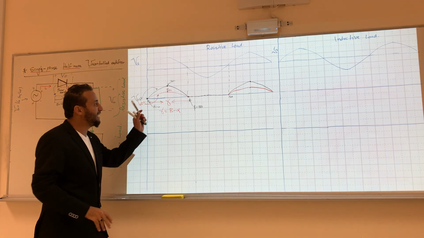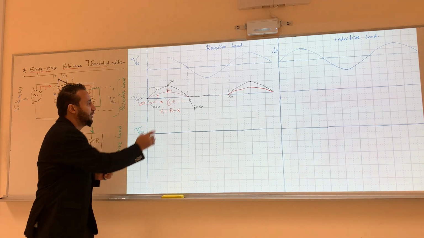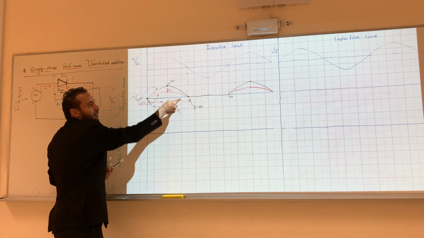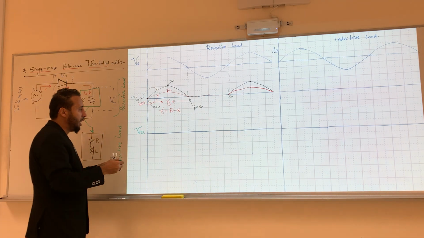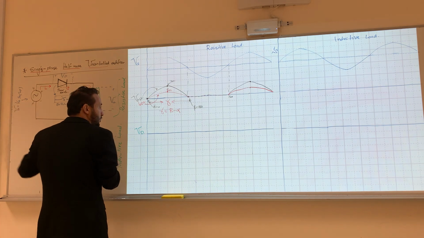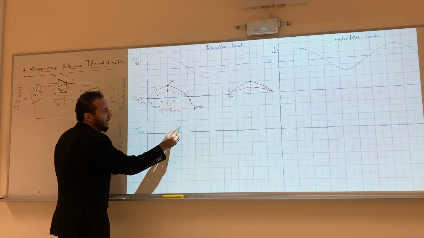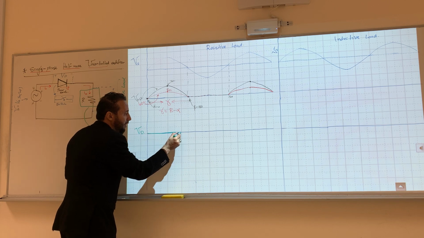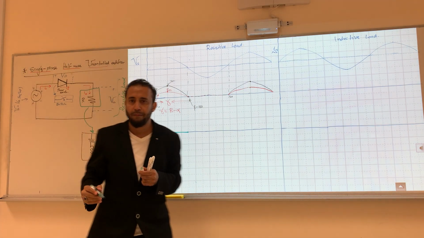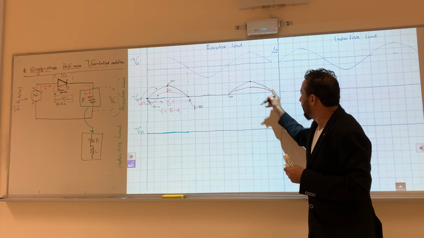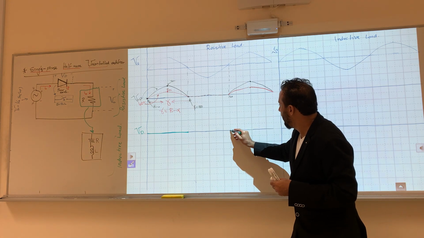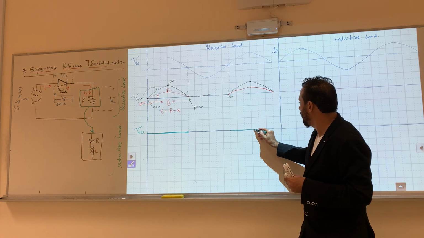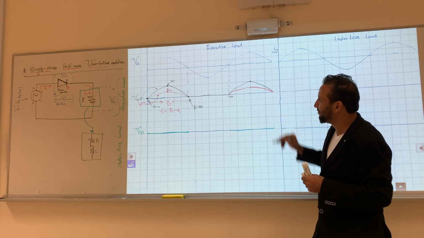It's conducting during this time. See here, that's the current, the red, it's conducting. So I know that during this time, since it's conducting, my voltage is 0. Same thing here. It's conducting, so I know that my voltage is 0 up to this point.